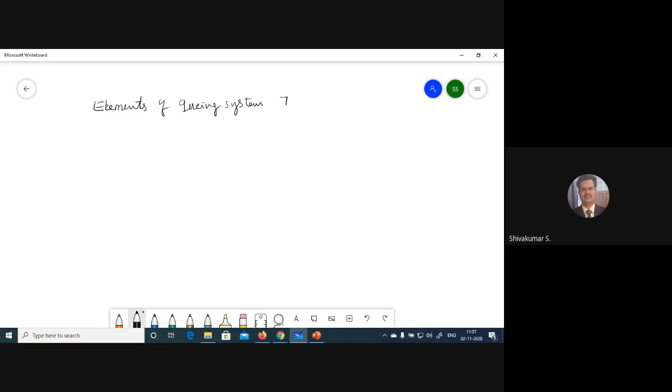There are totally 7 elements. So one, of course, is arrival distribution. What is arrival distribution? You can say it is the arrival rate. How frequently the things are coming there to get served.